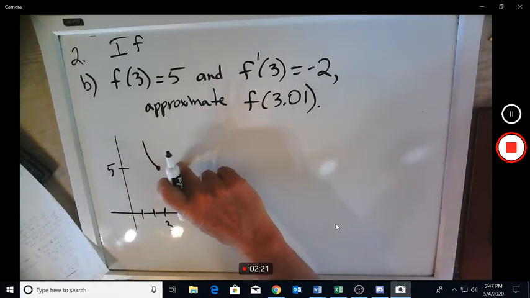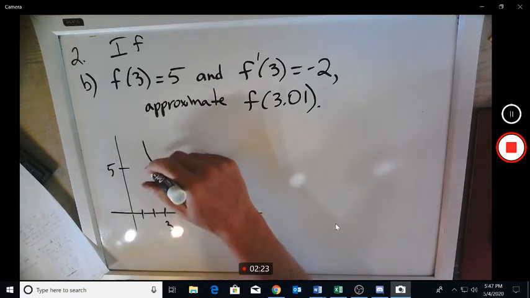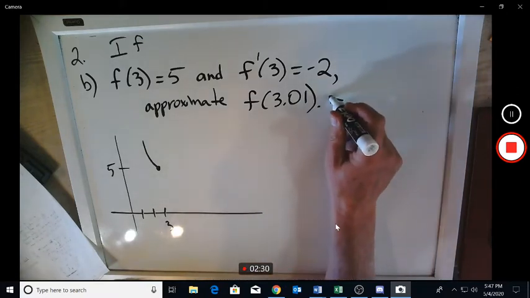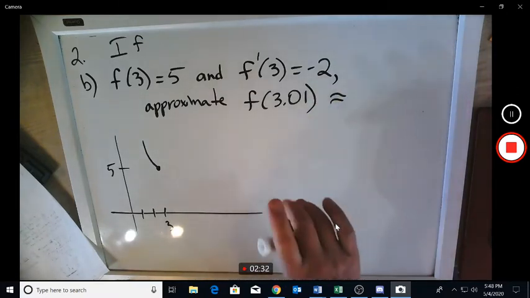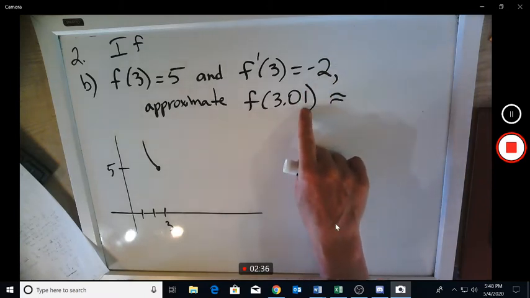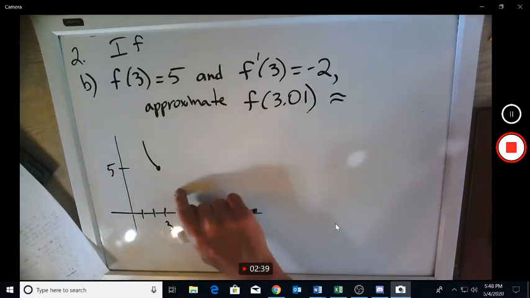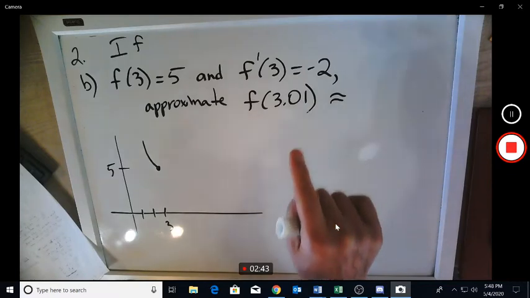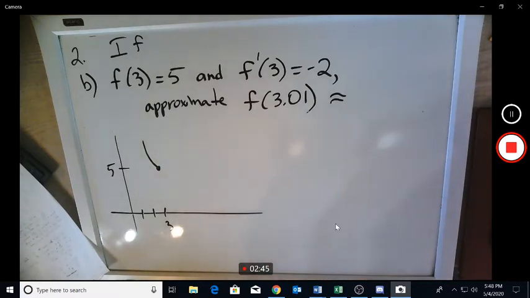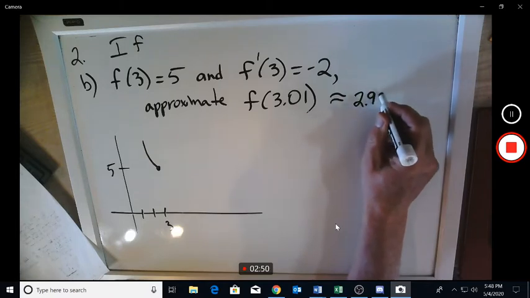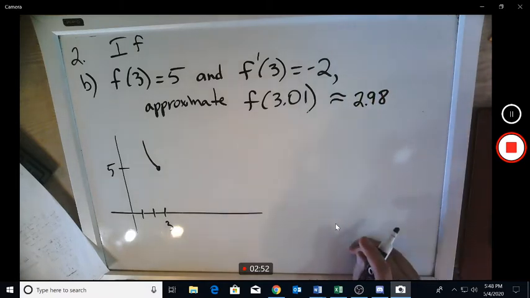So if it went right one to the right, it would go down 2. So it's coming like this. Now if it was -1, then if it went to the right 0.01, it would go down 0.01. But since it's -2, since it goes to the right 0.01, it's going to go down 0.02. So I would get about 2.98 right here.